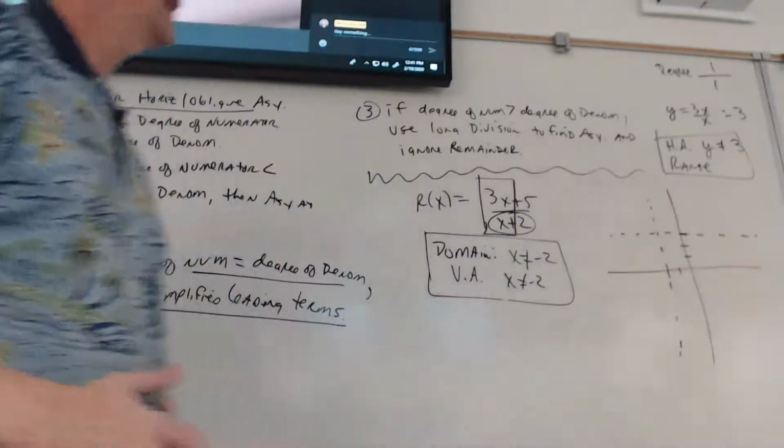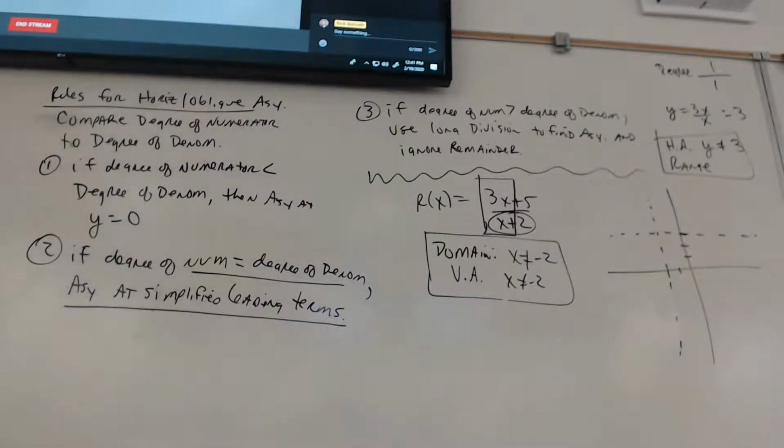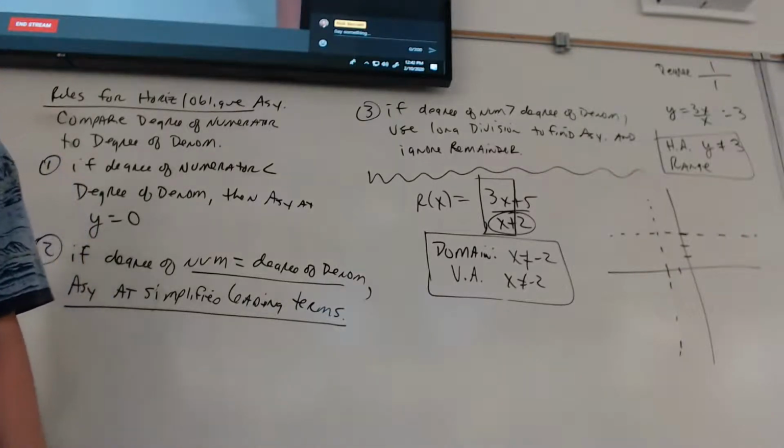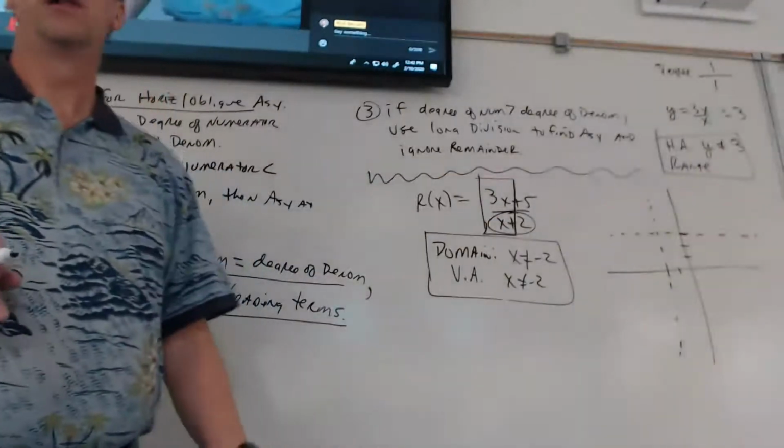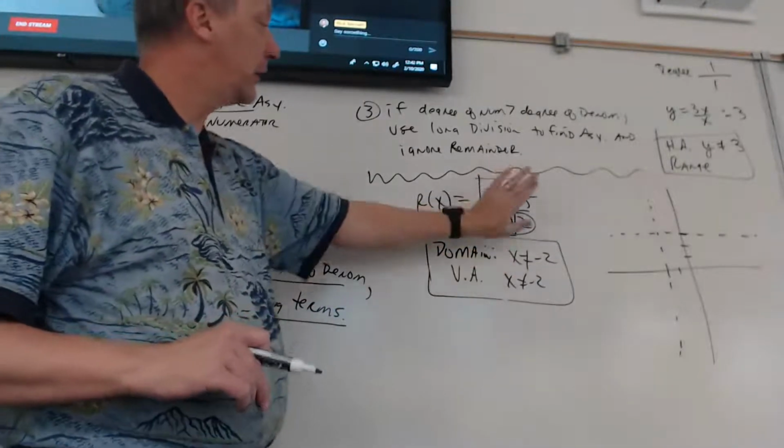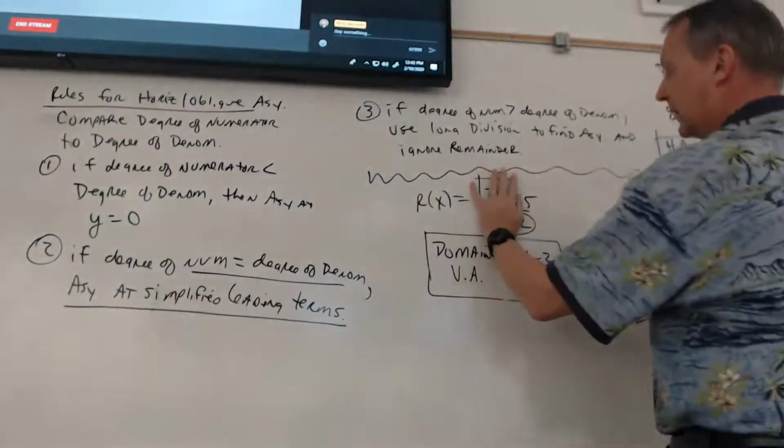Okay? Now, a couple other things that might be useful here. We might want to find some intercepts. So Javier, how would I find intercepts? Set what equals 0? Okay, well, no, I don't want to set the numerator and the denominator equals 0 because then I'll get 0 over 0. But if I set x equals 0, let me put x equals 0 in here, what's left?